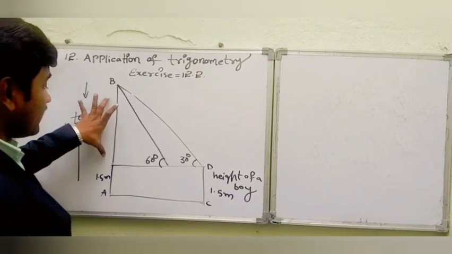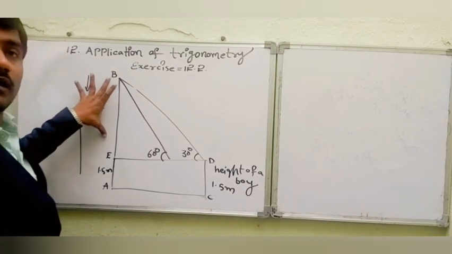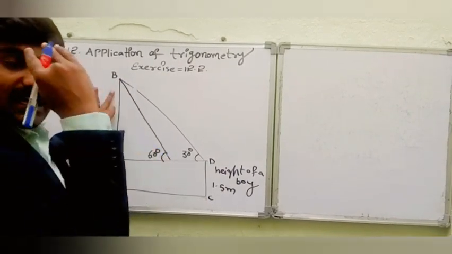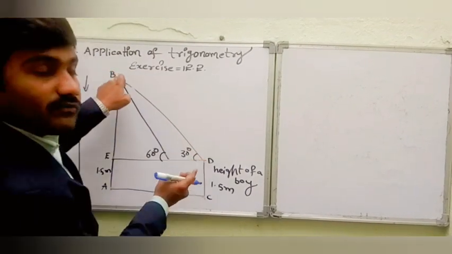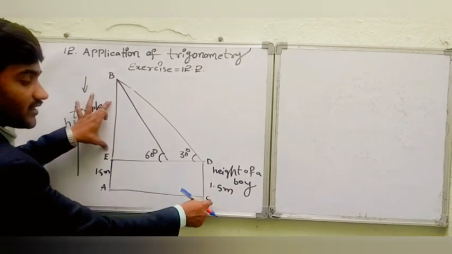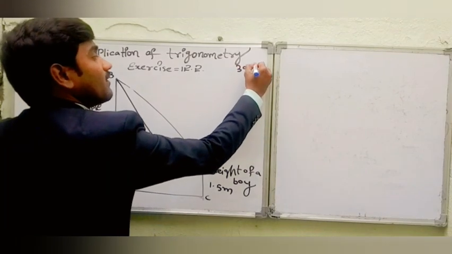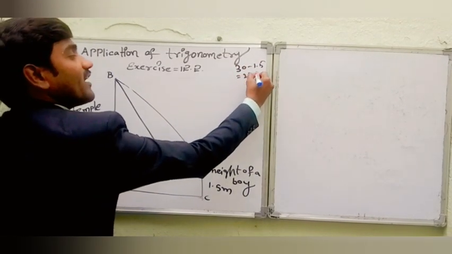Let us take E here; he observes BE from his eyes, where the boy is standing here. So the height he observes is 30 minus 1.5 meters, which equals 28.5 meters.